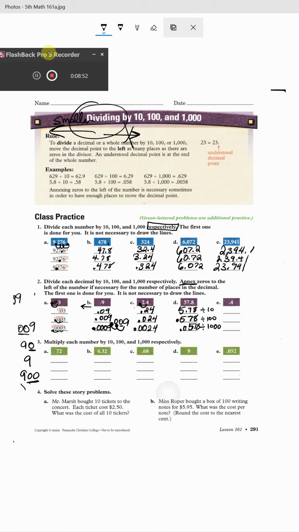So look up at the 57.8. If I said right off the bat, divide that by 1,000, you would say in your head, well, 1,000 has 3 zeros, right? So I have to move this to the left because I'm making it smaller, 3 places. Let me do it out to the side. So you have 57.8, right?